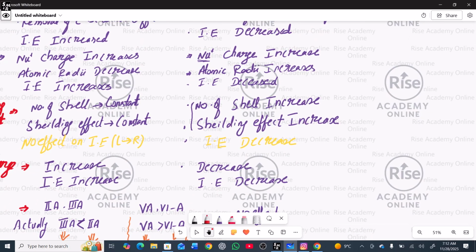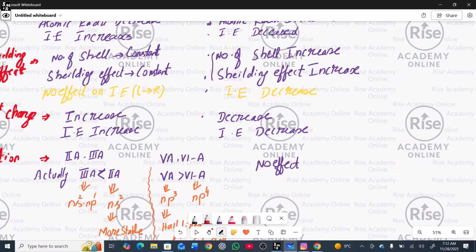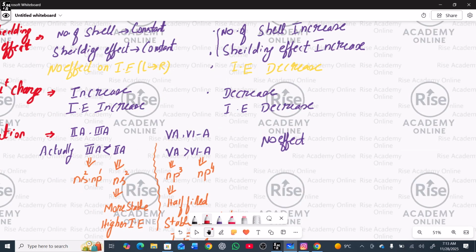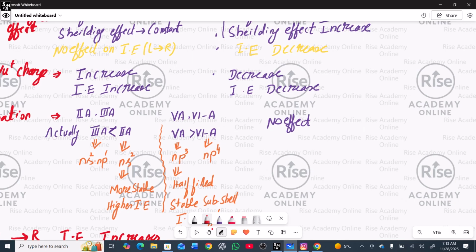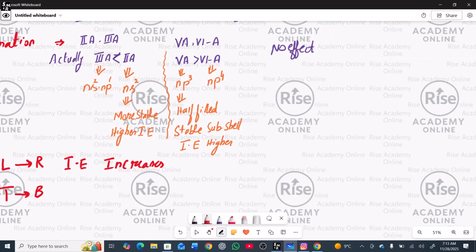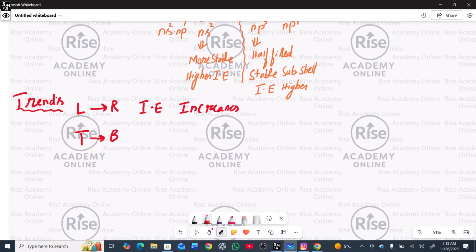Nuclear charge tends to increase ionization energy, but it is overcome by these two dominant factors, number of shells and shielding effect, and it results in a decrease of effective nuclear charge. Electronic configuration does not affect. So the overall trend is that ionization energy decreases in moving from top to bottom in a group.